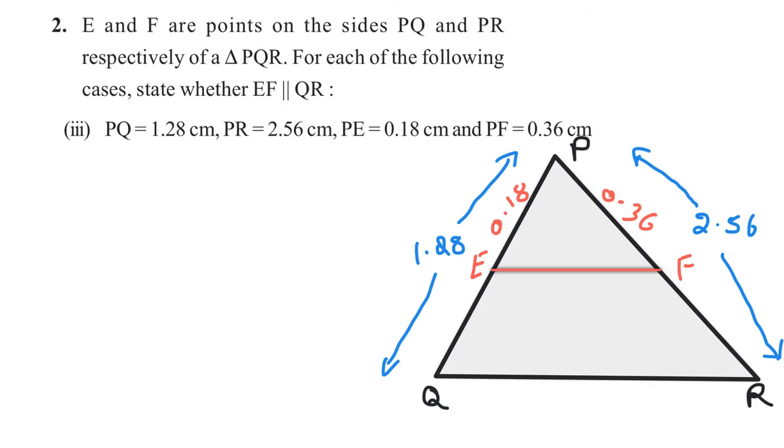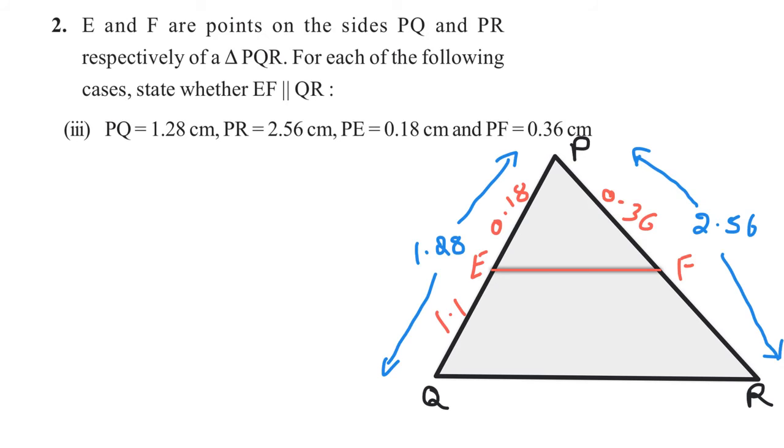Let's try this. Same one. We have to prove that EF is parallel to QR. Given PE is 0.18 and PQ, the whole length, is 1.28. So how will we find EQ? We can easily find EQ by 1.28 minus 0.18, which gives us 1.1.